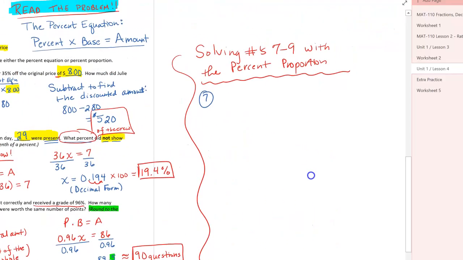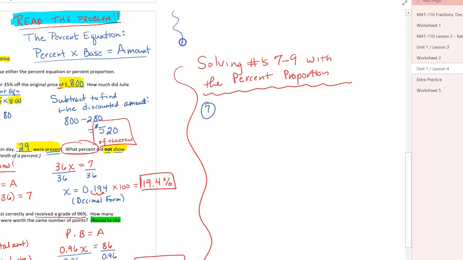So if I go over here, remember that the percent proportion looks like this. P over 100, where P is the percent, is equal to the amount over the base.